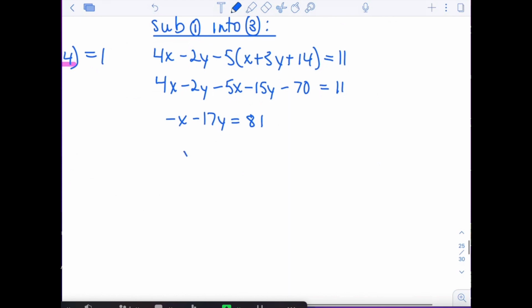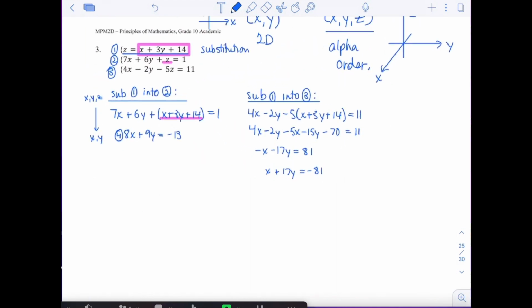Let's write that as x plus 17y equals negative 81. So what we'll see is that once again, we went from x, y, z to an xy equation. I'm going to call this number 5.